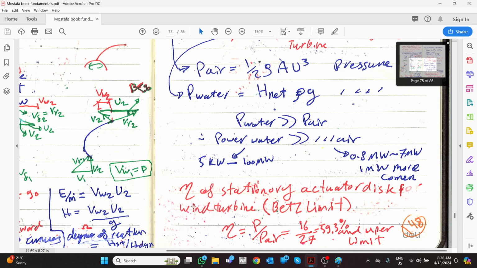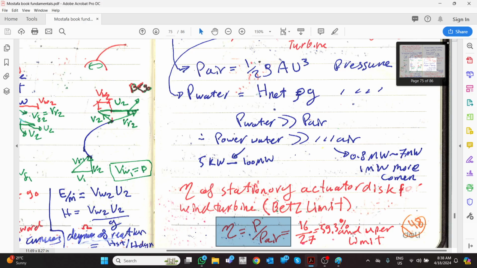He stated the efficiency of a stationary actuator disk for a wind turbine. It is like this, which after a long derivation is 16 over 27, so it is 59.3 percent. He did a long derivation based on the concept I already stated.